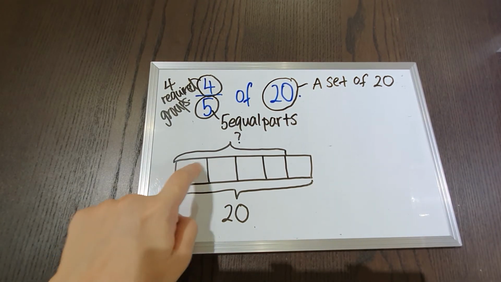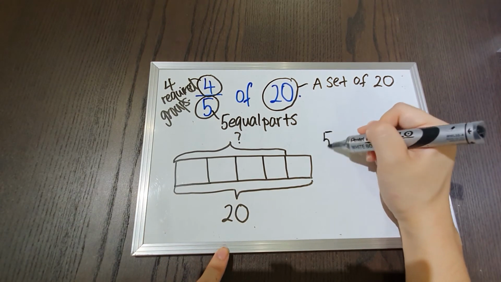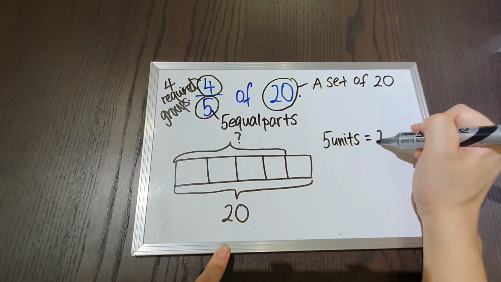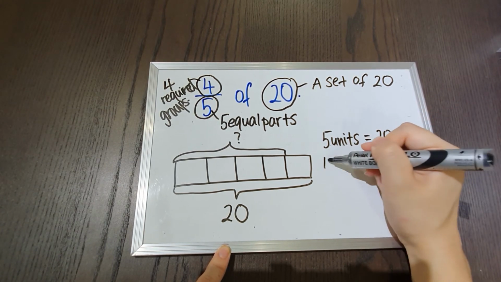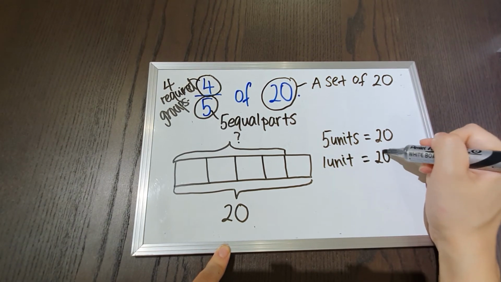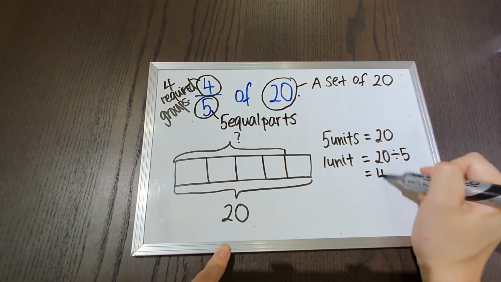Since I know that 5 units here gives me 20, I can already go ahead to find what 1 unit represents. If 5 units is 20, I know that 1 unit is just 20 divided by 5, which will give me 4.